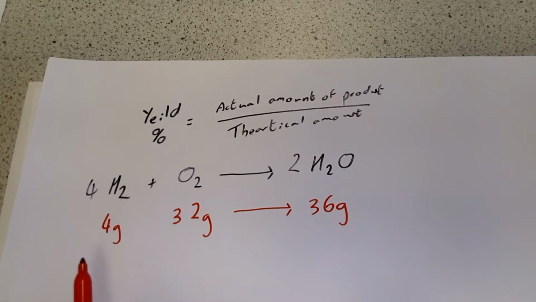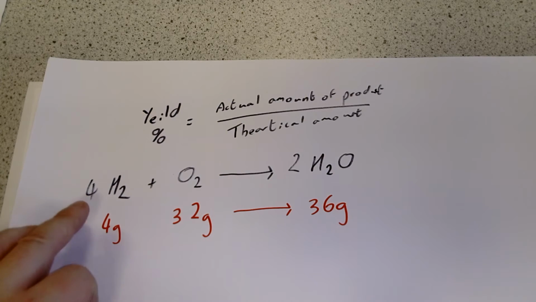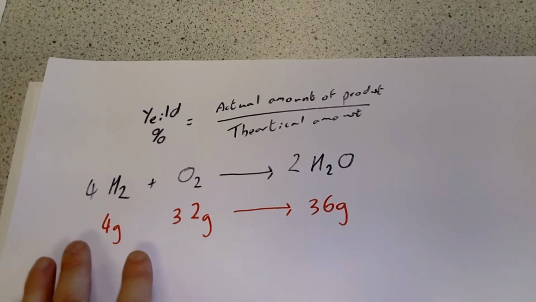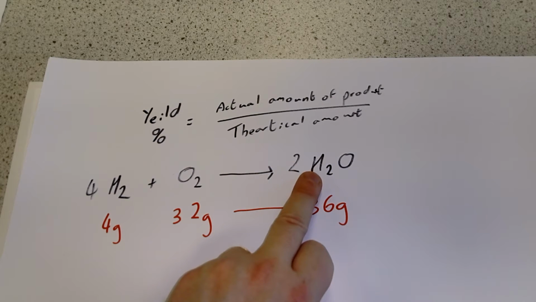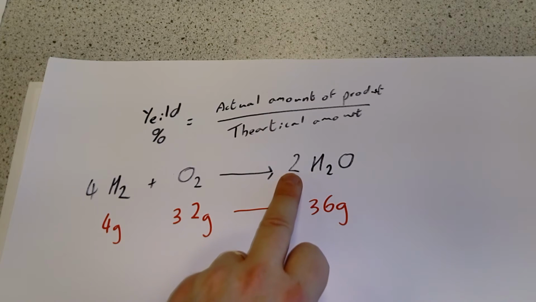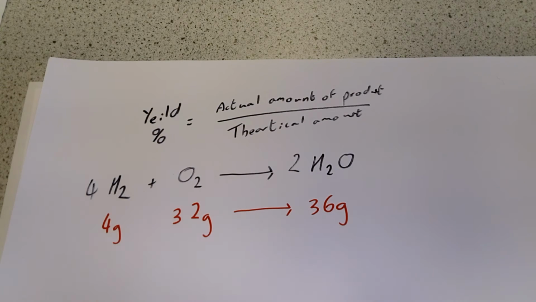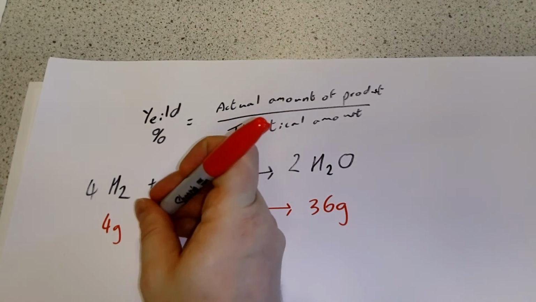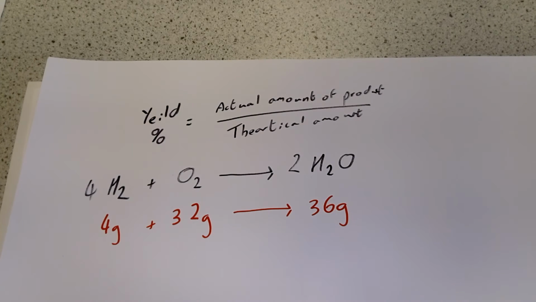Strangely enough, you'd also work that out from the balanced equation and the relative formula mass of each, times by 2, because the relative formula mass of water is 18, so 2 lots of it works out as 36. So my theoretical yield should be 36.